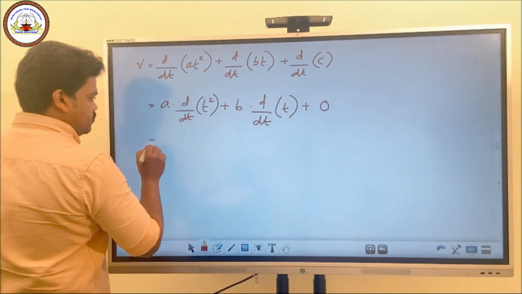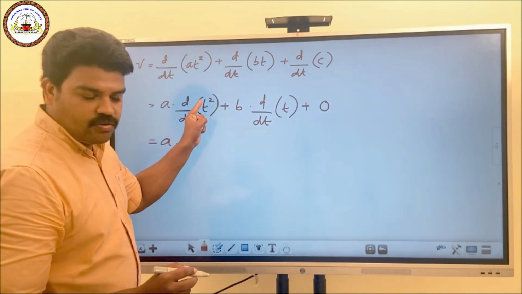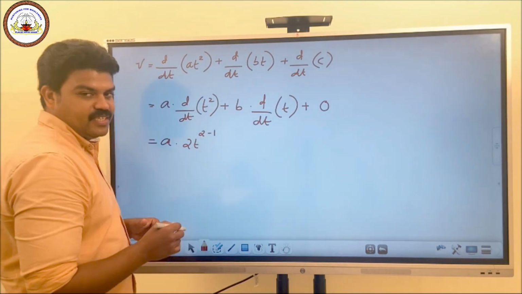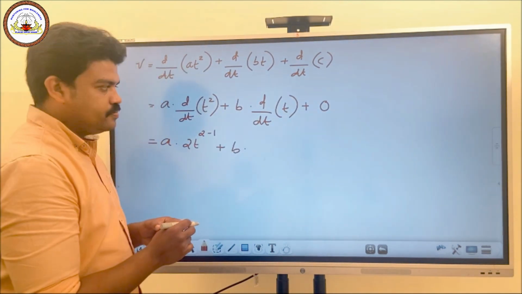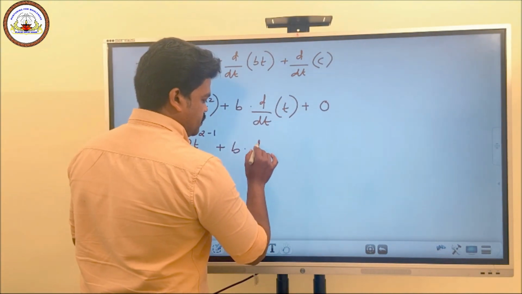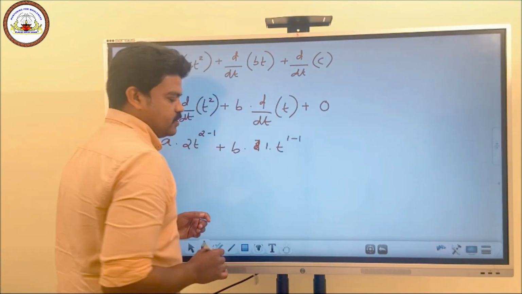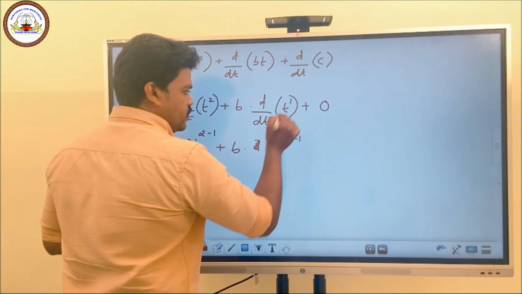So a into d by dt of t square plus b into d by dt of t plus 0. And this is equal to a into d by dt of t square is 2t raised to 2 minus 1, plus b into d by dt of t is 1 t raised to 1 minus 1. t means t raised to 1.